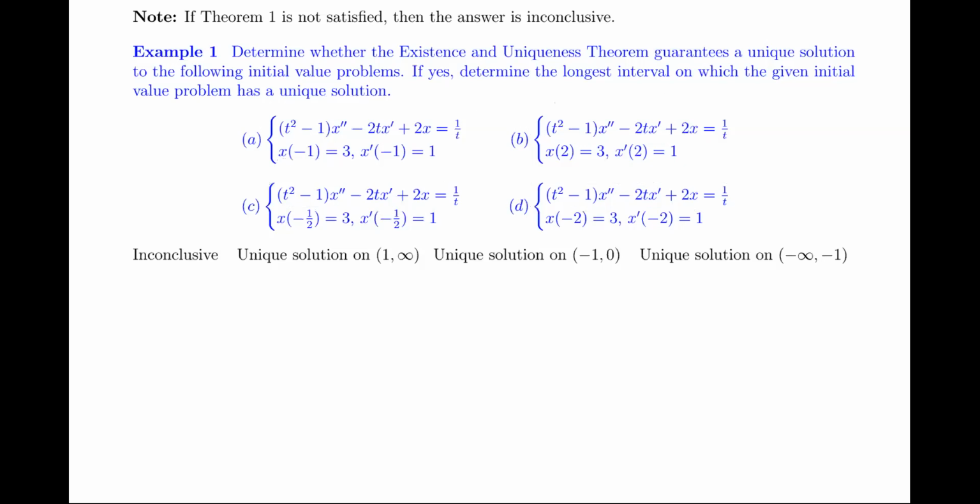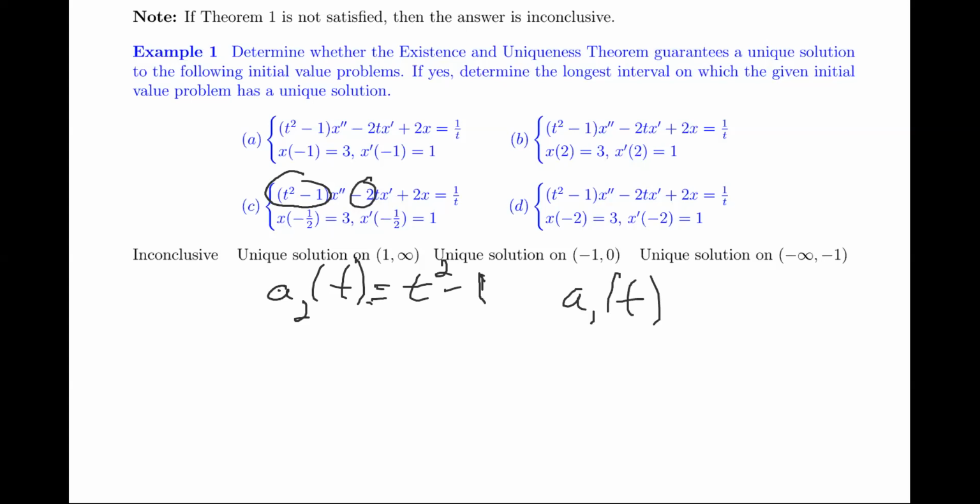So we'd like to first notice what our a sub n's are. We notice that this is a second order linear differential equation. So our a sub 2, which is the coefficient on the far left, a sub 2 of t is t squared minus 1. Our a sub 1 of t is negative 2t.